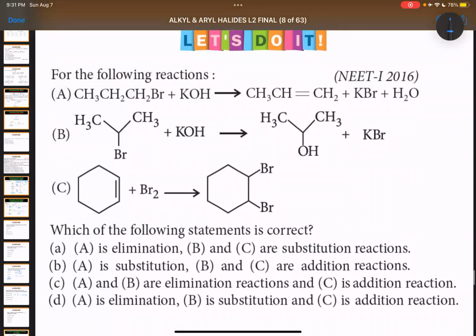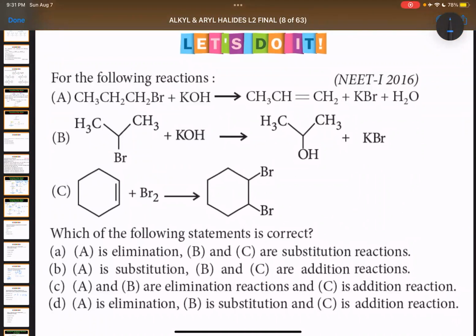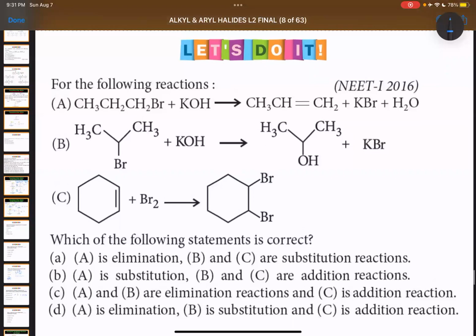What will be the answer to this one? I think option B. Yeah, correct.